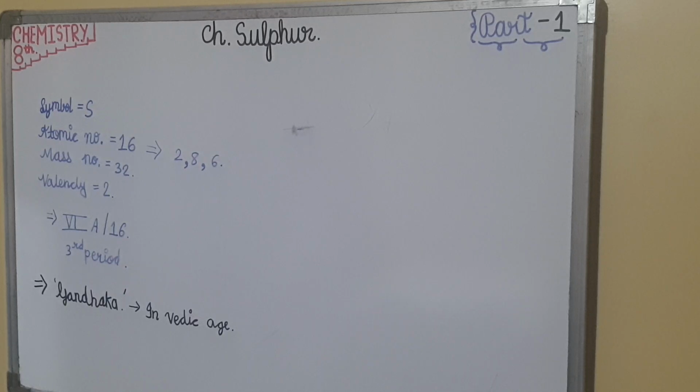Sulfur has the properties to react with copper, and hence it is called sulvari in Sanskrit, meaning enemy of copper.